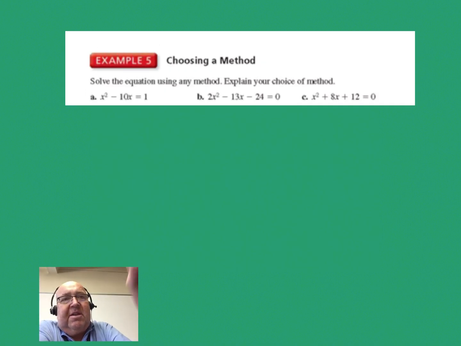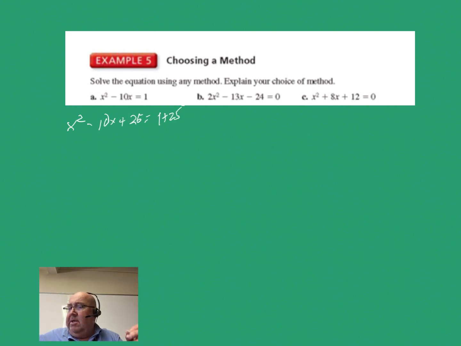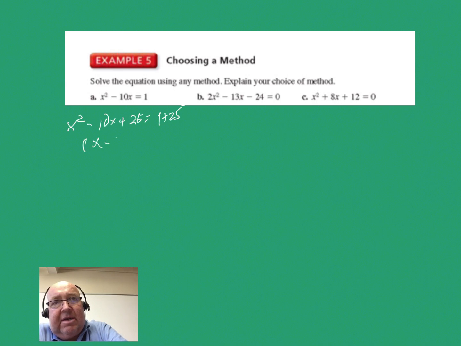So just looking at this first one, I think I can do it probably easiest by completing the square. So I'm going to go ahead and put plus 25 here, and equals 1 plus 25. So I know I'm going to need my calculator here in just a minute. We're going to have x minus 5 squared equals 26.